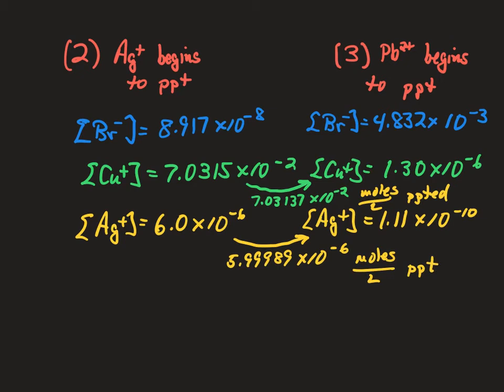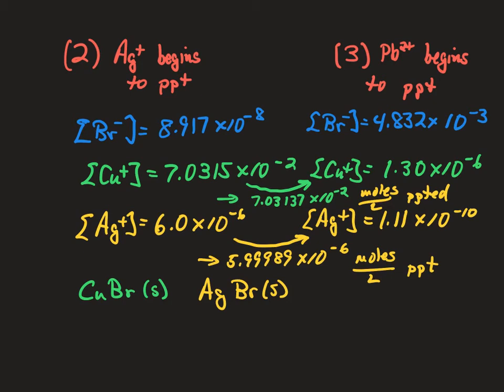So our first question is, we've collected some copper bromide precipitate and some silver bromide precipitate, represented by these two numbers. So our total precipitate is going to be the sum of those two.